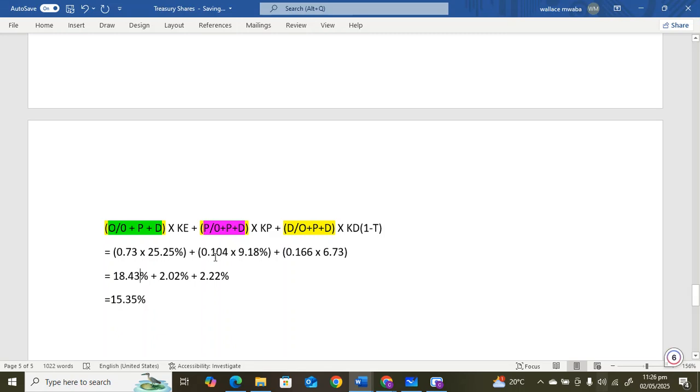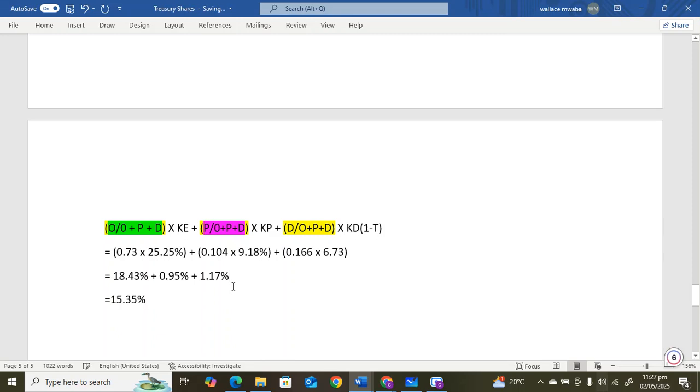Okay, preference shares, 0.104 times 9.18. Then 0.166 times 6.73, which is 1.17.